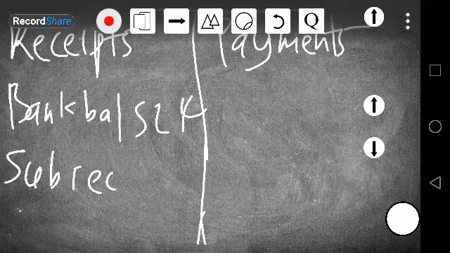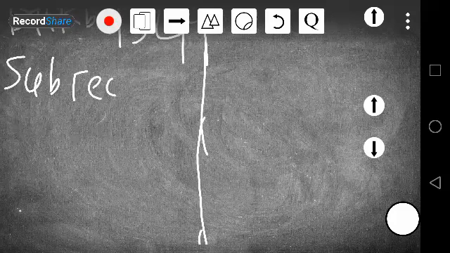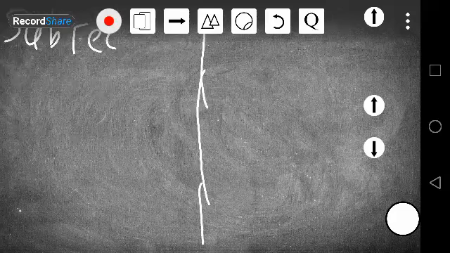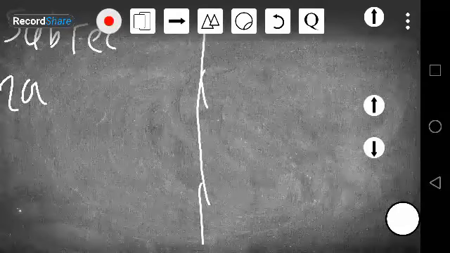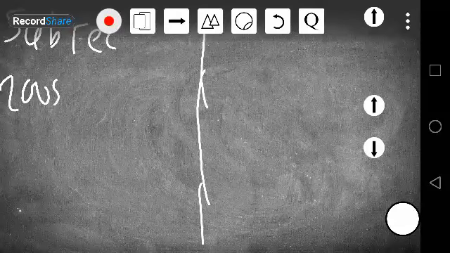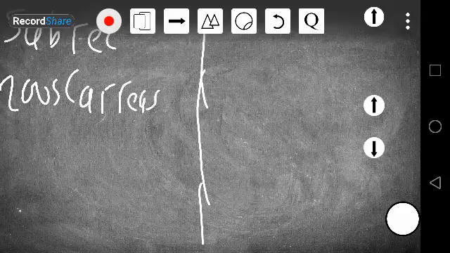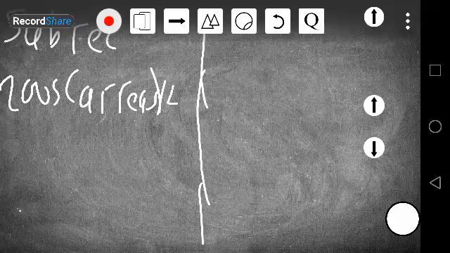So for subscriptions received, in 2005, we have the ones in arrears. That's 1,400.